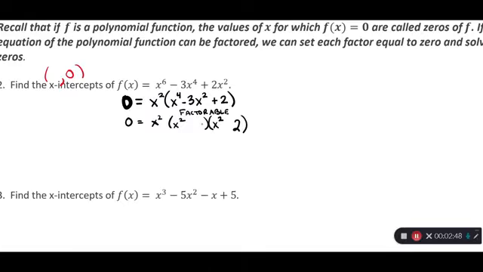My only options are a 2 and a 1. To get it to be a positive 2 on the back end, I need them both to be positive or both to be negative. I'm going to choose negative because when I do my outers and my inners, I need that to simplify to negative 3x squared.